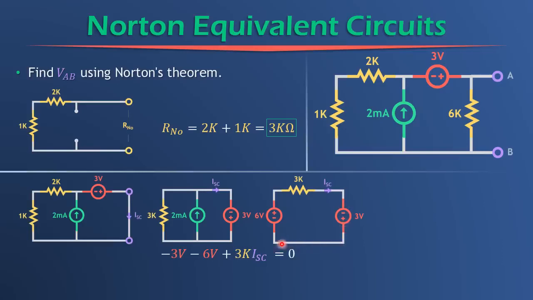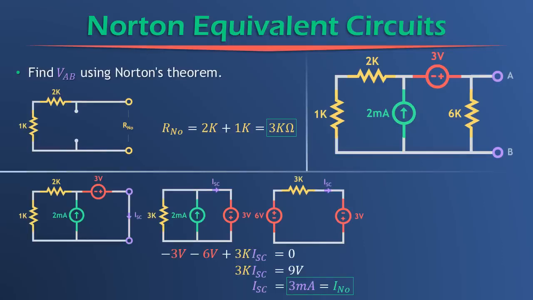Come around, go through the 6 volt source, and that's a -6, and we come across this resistor. The voltage across this resistor is 3K times the current ISC. We set that equal to 0, and reducing and simplifying, we get that ISC equals 3 milliamps. That is our short circuit current, 3 milliamps, and that's also equal to I Norton.